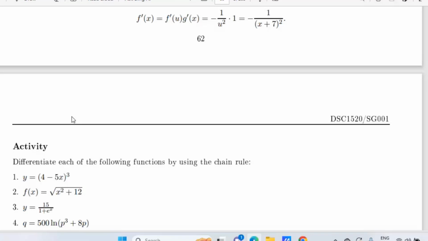Please talk to Lindeni. What did you answer? It's negative 15 e to the power x over open bracket 1 plus e to the power x close bracket, everything to the power of 2.